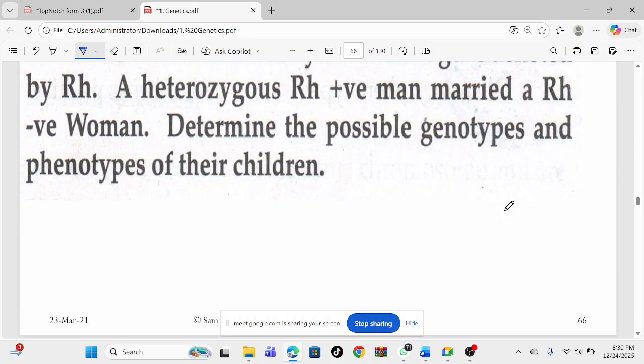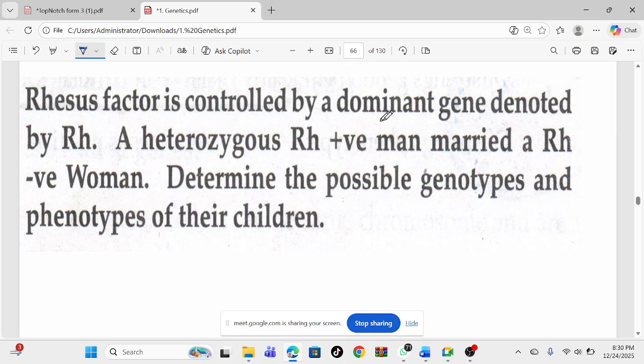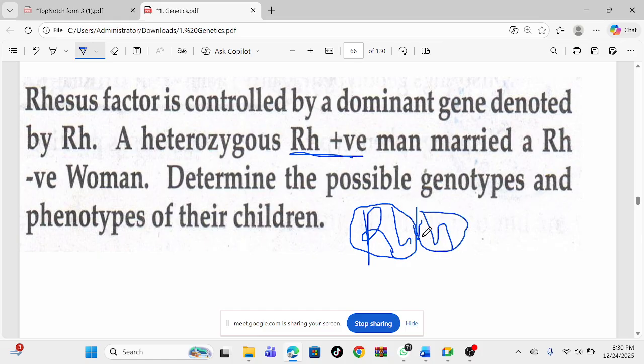Question: a rhesus factor is controlled by a dominant gene denoted by RH. A heterozygous rhesus positive man, heterozygous meaning capital R small h, capital R small h. Know that these are not different letters; these are one rhesus that you put in one circle, and this other rhesus you also put in one circle.